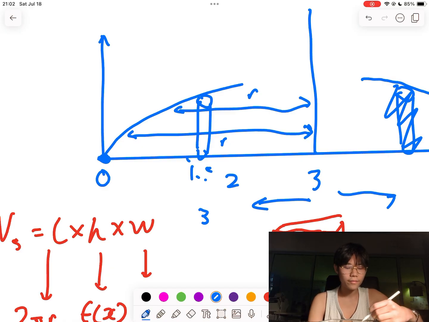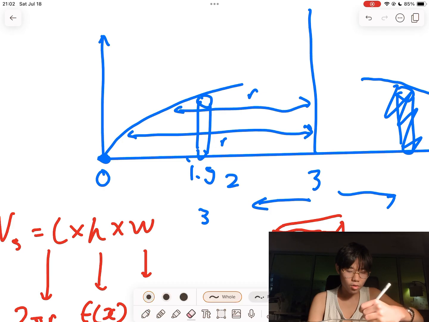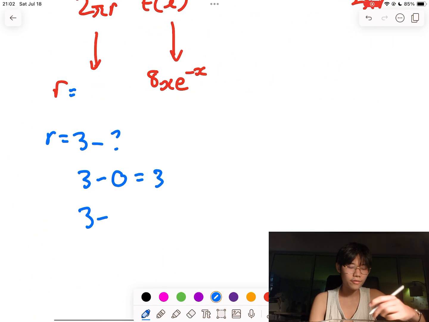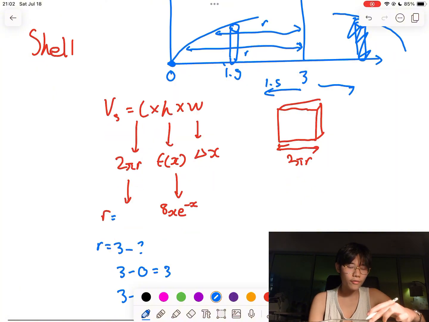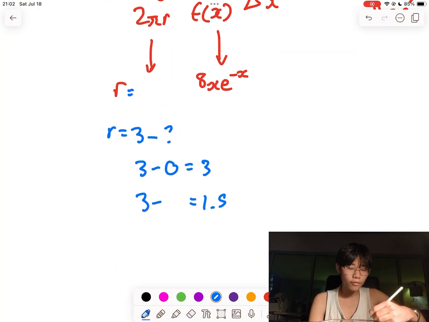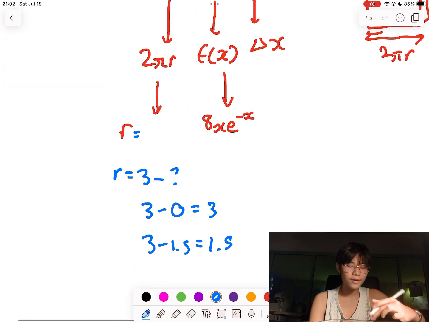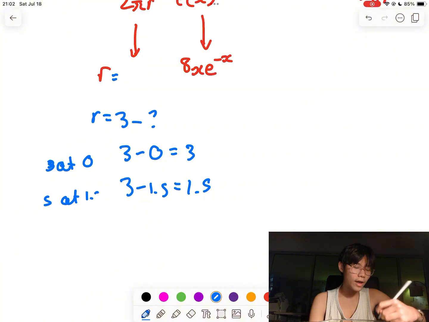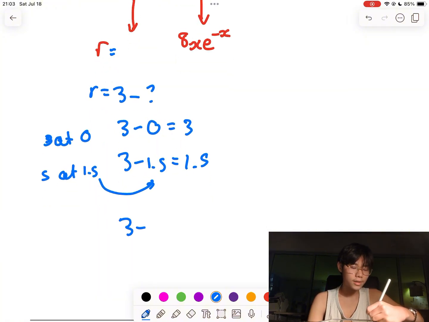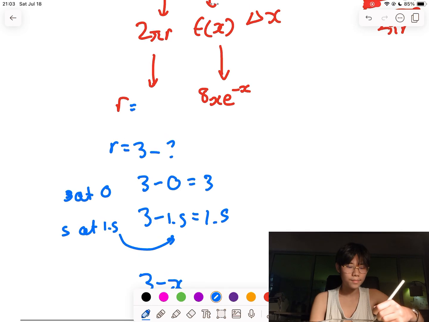What is the distance from our center? It's 1.5, so the radius is 1.5. 3 minus what gets us 1.5? 1.5. Now we're starting to see a pattern: slice at 0, we put in 0; slice at 1.5, we put in 1.5. So we instantly know that it's 3 minus x.